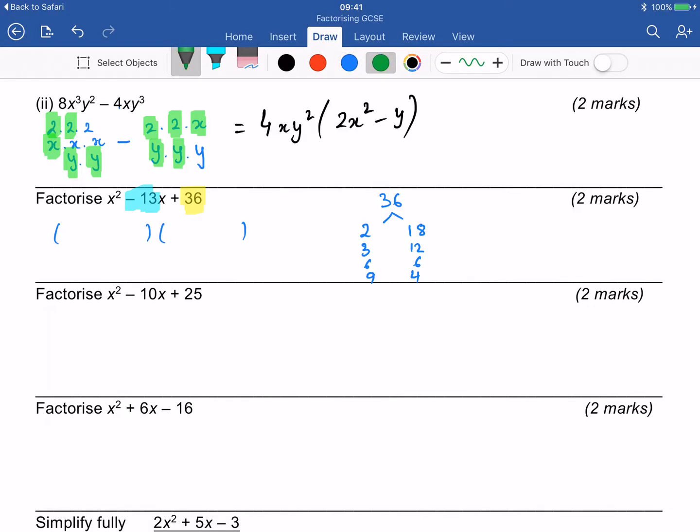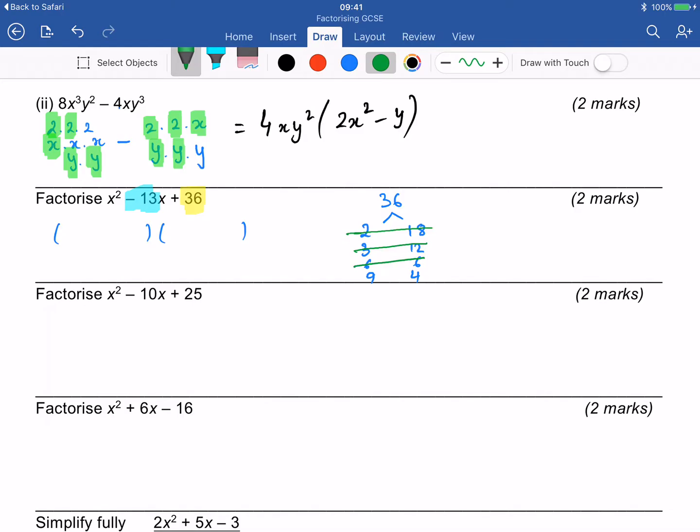So you can't have 13 from the first one, so I'm going to reject that. If I add or take away, 12 and 3 will never give me 13, so I'm going to cancel that as well. 6 and 6 gives me 12 if I add them, but I don't need 12.